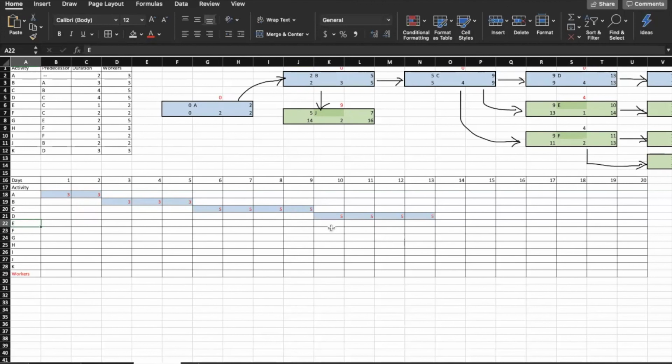It only lasts 1 day and it needs 2 workers. Activity F again starts after C, so we can start it on day 10 and it will take 2 days and 2 workers.